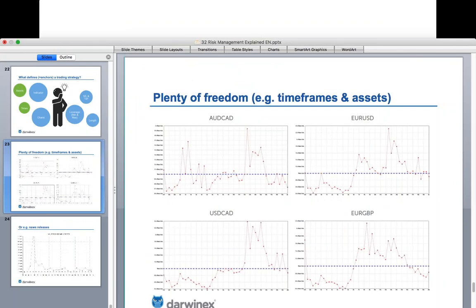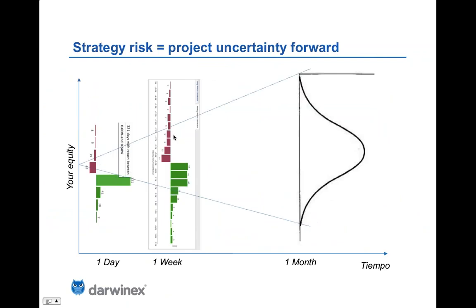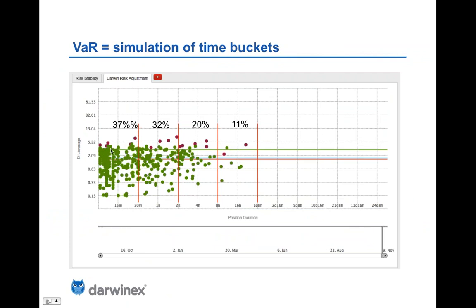So with that in mind, what we can do, and that's the way it works, is take all these buckets of positions and say, okay, if typically this strategy makes 37% of its trades in the 0 to 30 minutes duration with a leverage of, say, on average 2-ish, and similarly for the 30 minutes to 2 hours and the 2 hours to 8 hours and so on, we can do, say, 10,000 simulations with 37% of trades about 2 times as volatile as the euro dollar, 32% of trades again 2 times the volatility of the euro dollar but for 2 hours, and so on.